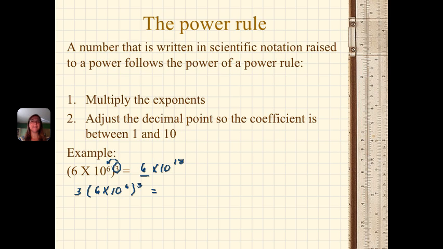So you would still have 3 times 6 times 10 exponent 18, but now we have to multiply the 3 with the coefficient 6, and that gives us 18 times 10 exponent 18. So I need to move my decimal point from here one position here. So to have a truly scientific notated number, I would have 1.8 times 10 exponent 19.